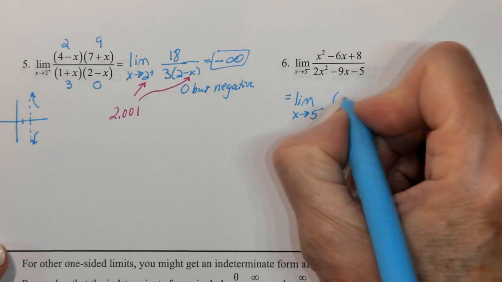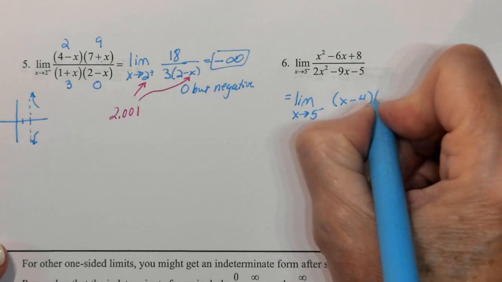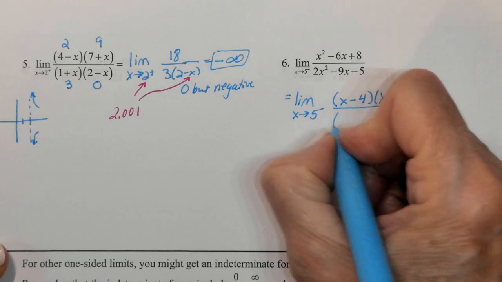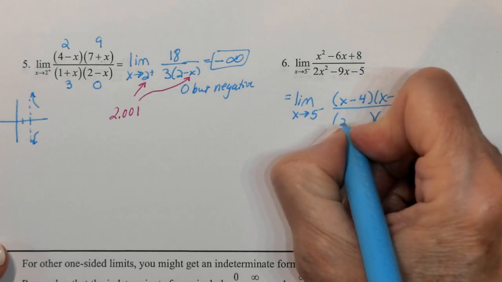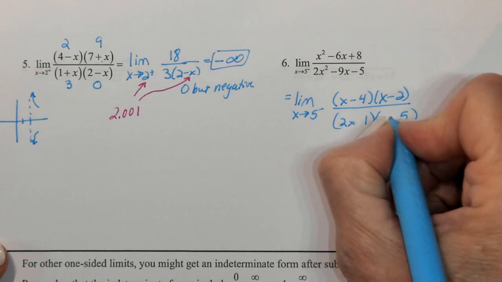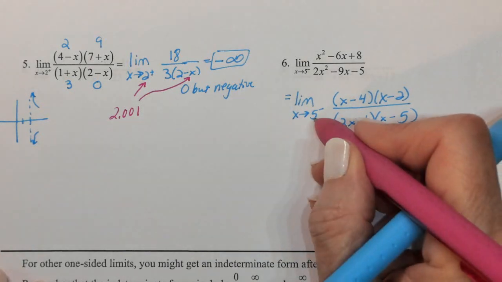Up on top, I'm going to have x minus 4, x minus 2. On the bottom, 2x and x, 5 and 1, minus and plus. Alrighty. So I'm going to put 5 back in.